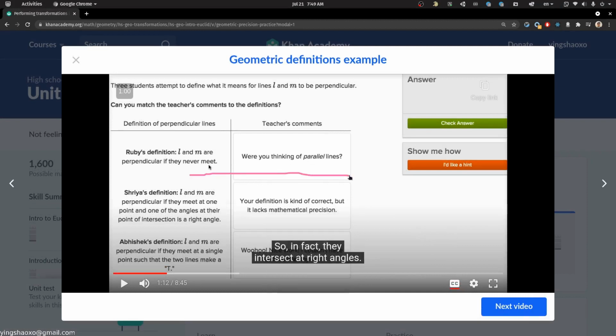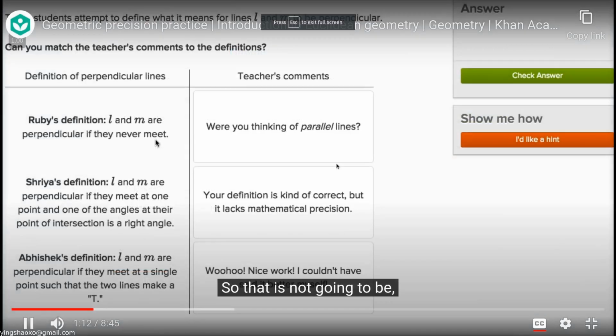Well, it's just the concept when 2 lines cross each other and the angle they produce is 90 degrees. That's how they define the concept of perpendicular. So that's not going to be correct.